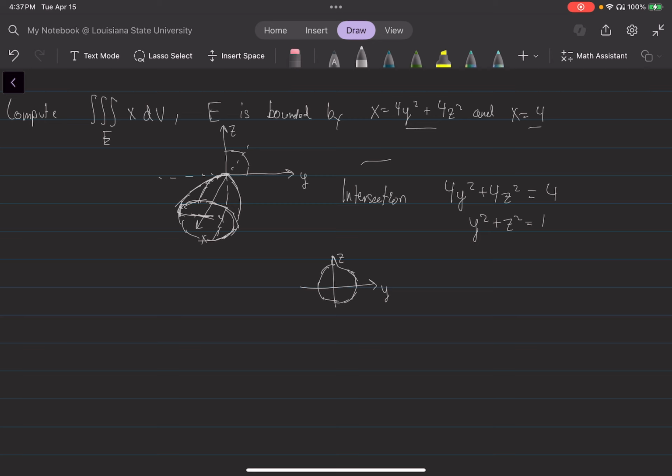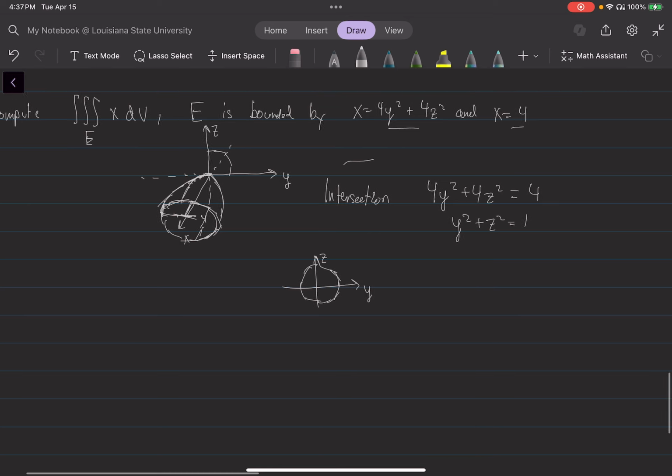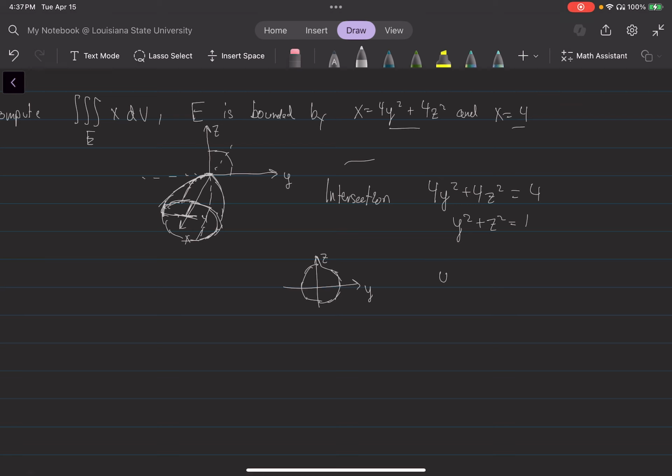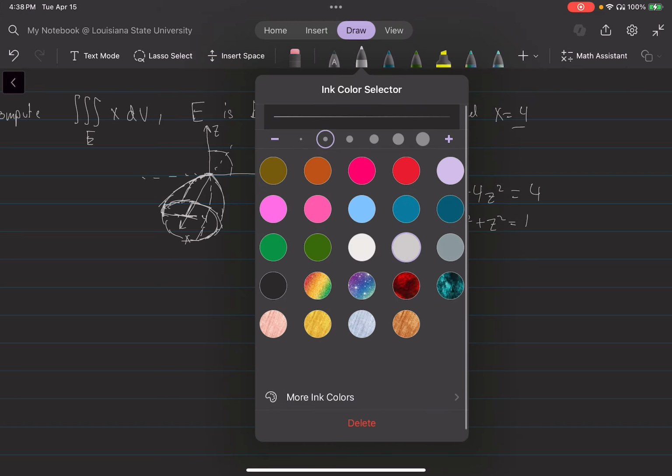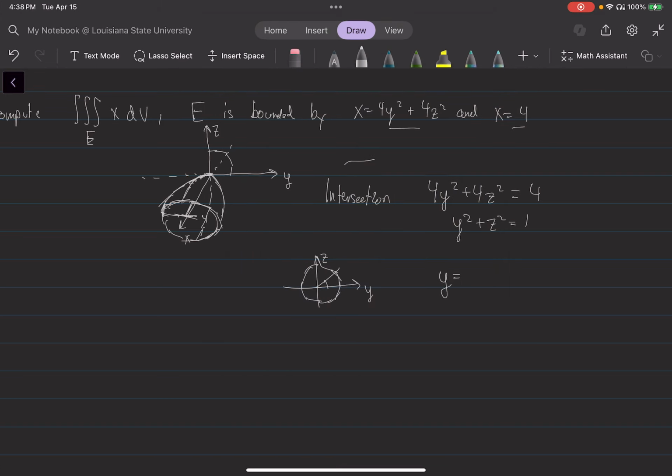But it's not going to be the typical cylindrical system where we have dz, dr, d theta. Instead, it's going to be dx, because x is the axis that we're following along. So given some theta, our y value would be the radius times cosine of theta. z would be the radius times sine of theta, and x would just be x.